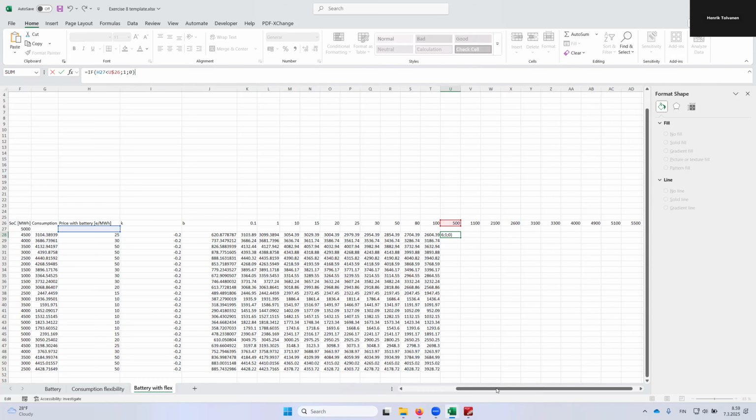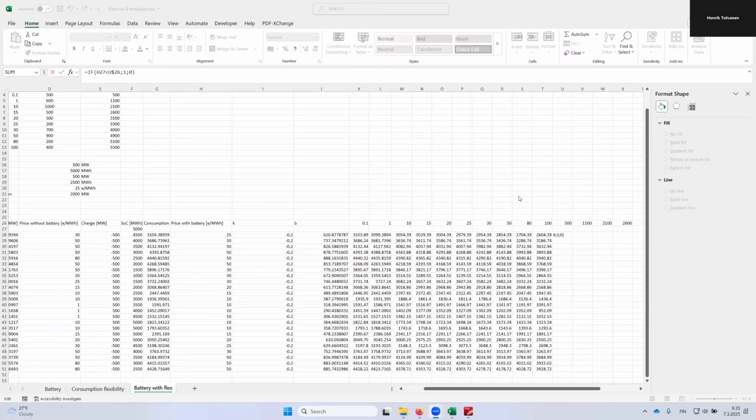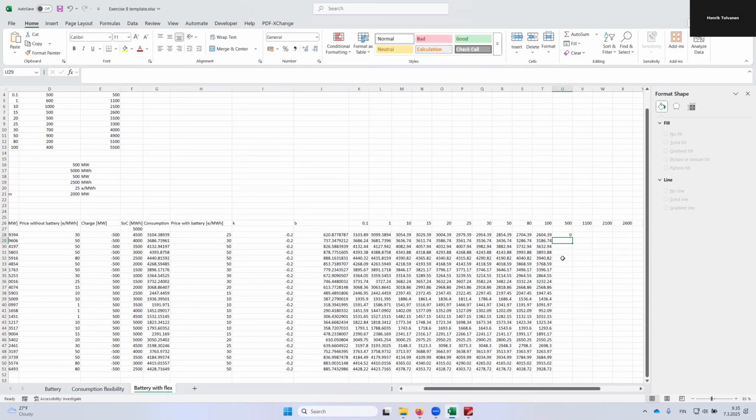So we're after this one and the consumption. So modifying from here, we're going to have this 500 is going to be the limit. And this one is going to be the examined point.